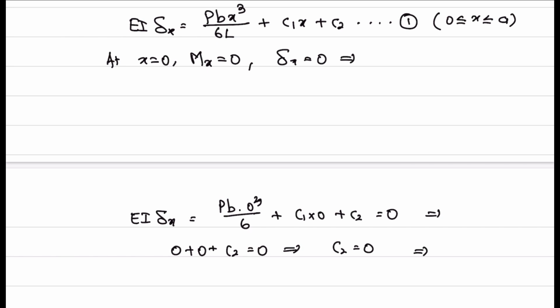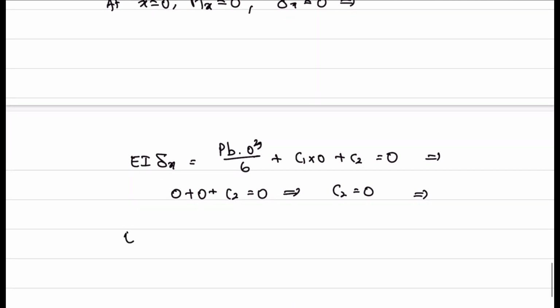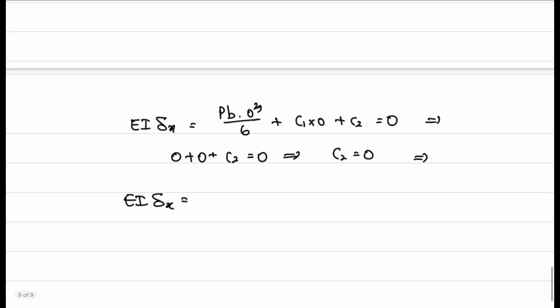That means the final equation for the deflection in the portion will be PB x cube by 6 plus C1x plus 0. This is the equation for 0 less than or equal to x less than or equal to a.